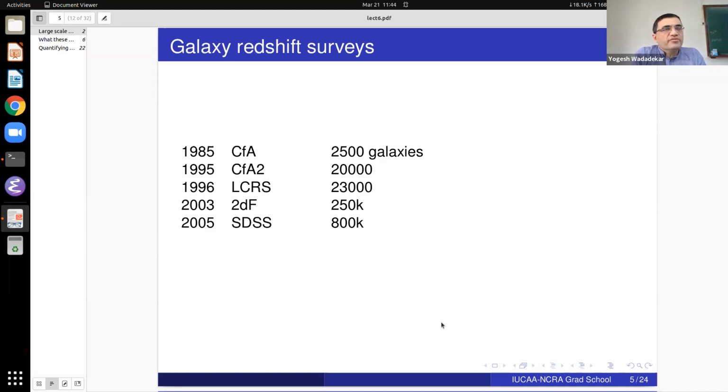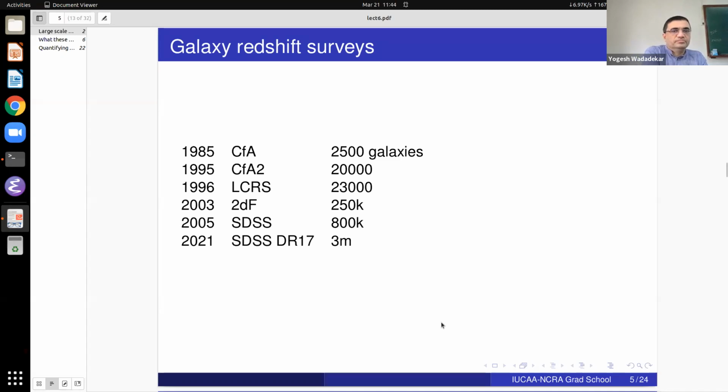The 2DF galaxy survey was completed in 2003, and they got 250,000 spectra of galaxies. By 2005, the Sloan Digital Sky Survey Spectroscopy was in full swing, and they had obtained about 800,000 spectra of galaxies.